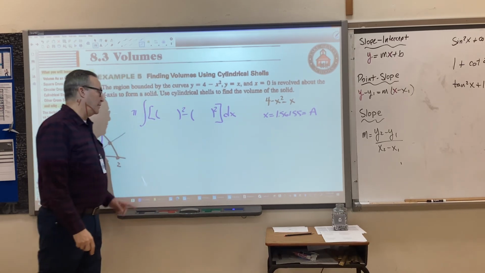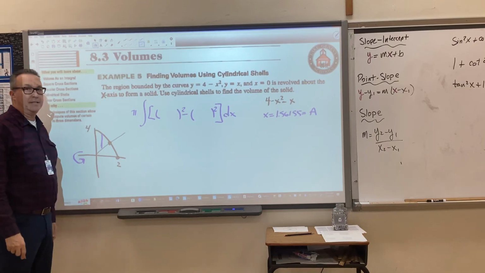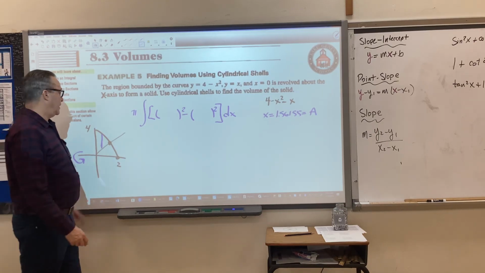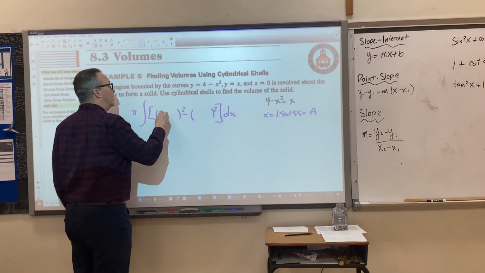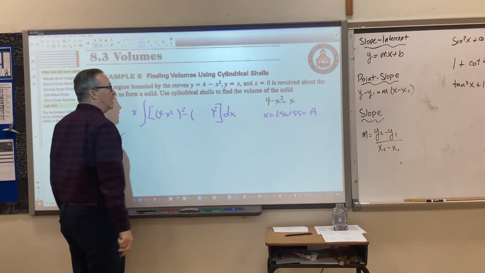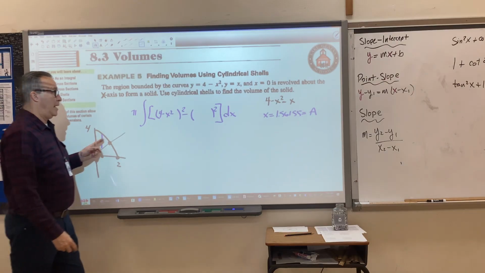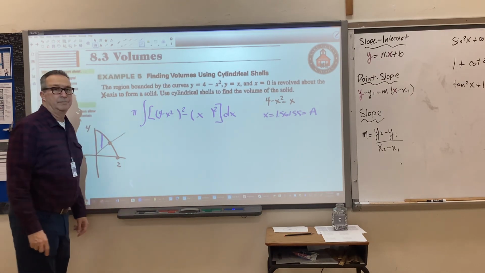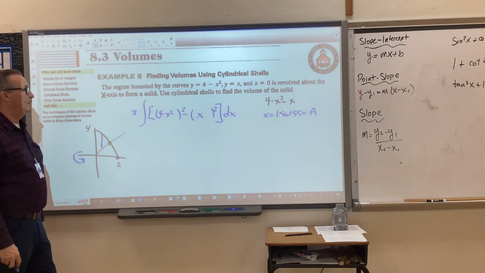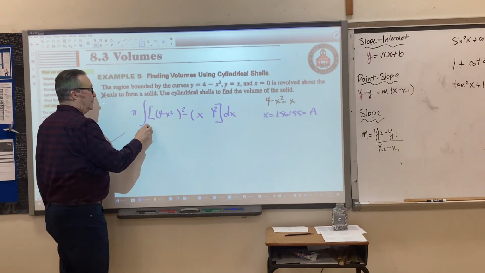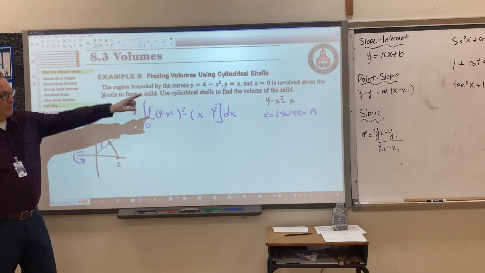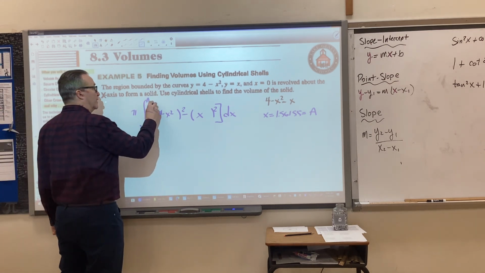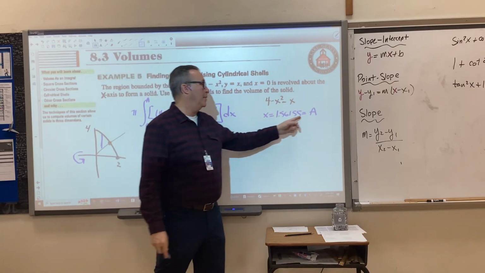It's dx because the rectangles are perpendicular to the x-axis. Top function, 4 minus x squared, minus the bottom function, x. Integral, 0 to what number? Intersection point. I'm going to say 0 to a, because I saved this number in a.